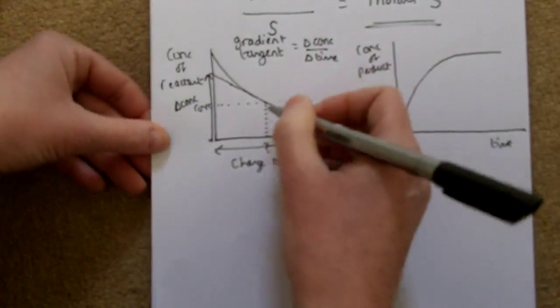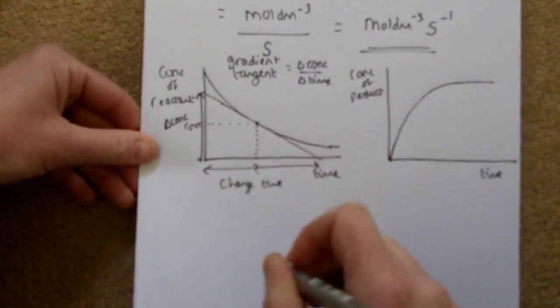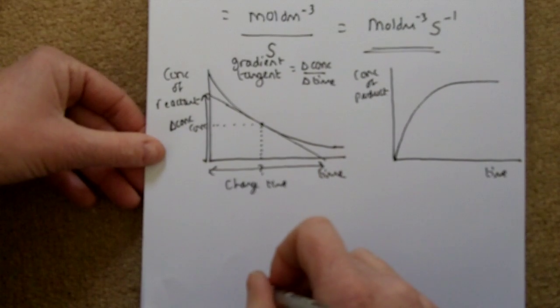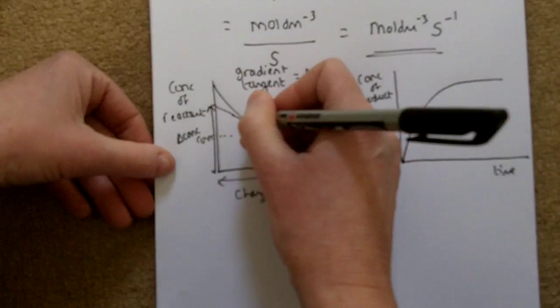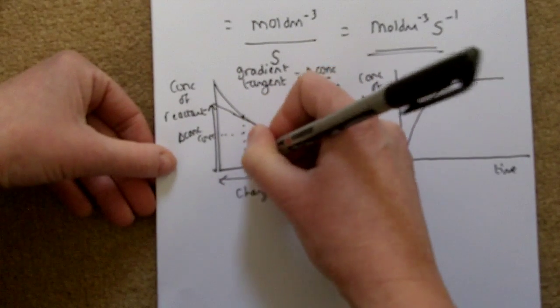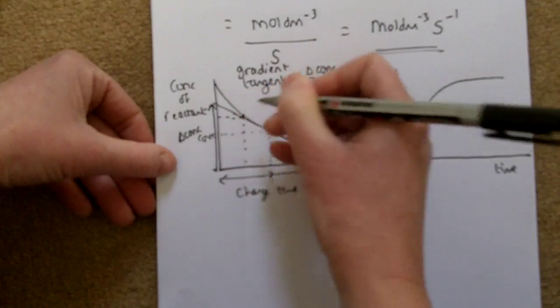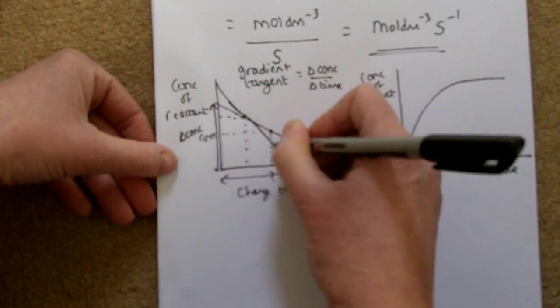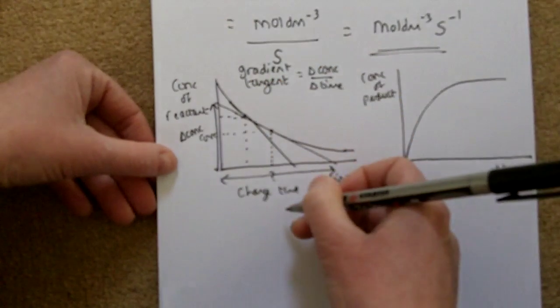That's how you find the rate at that point. Now you can see that the rate is going to change, because if I find the rate at this point in time, then the tangent is going to be steeper, so the rate is faster.